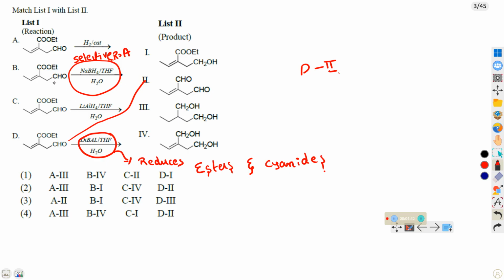Aldehyde group undergoes reduction, then it gives alcohol. D2, B1. How many options are there? Only one option. Second option is correct option.